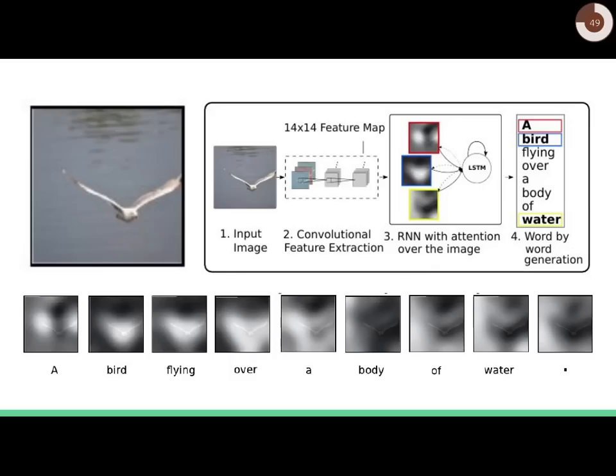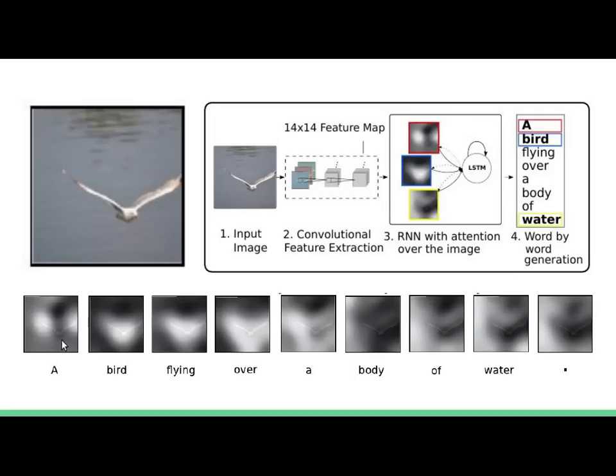In this paper, they take an image, they have a CNN on top of that, and then the feature map here, they feed it through an LSTM, which time step per time step goes back to see the feature map and has an attention on it.